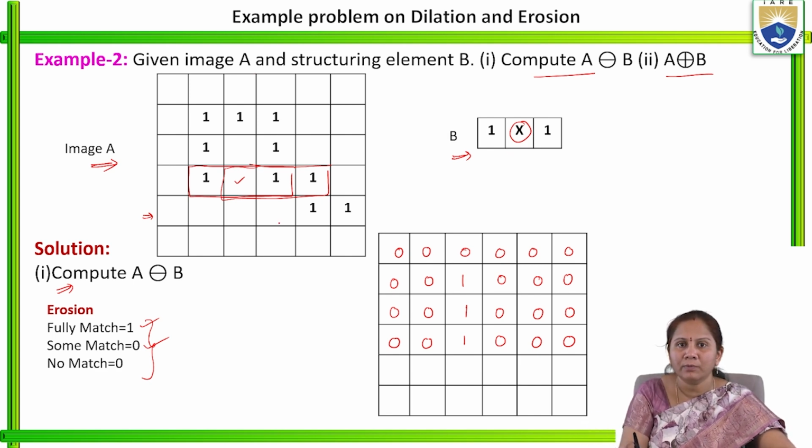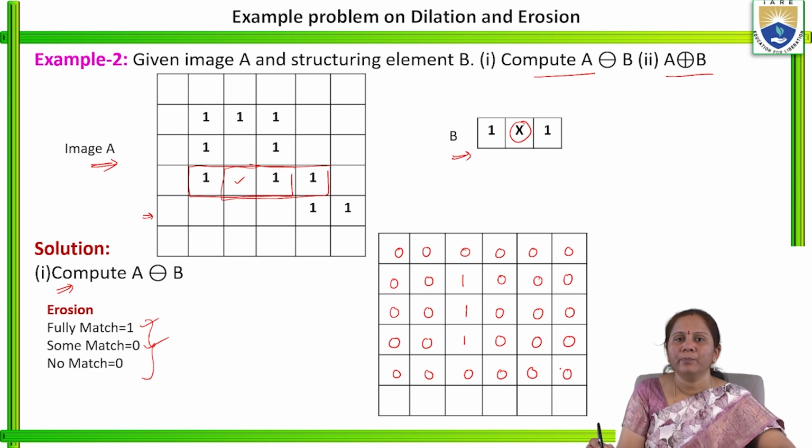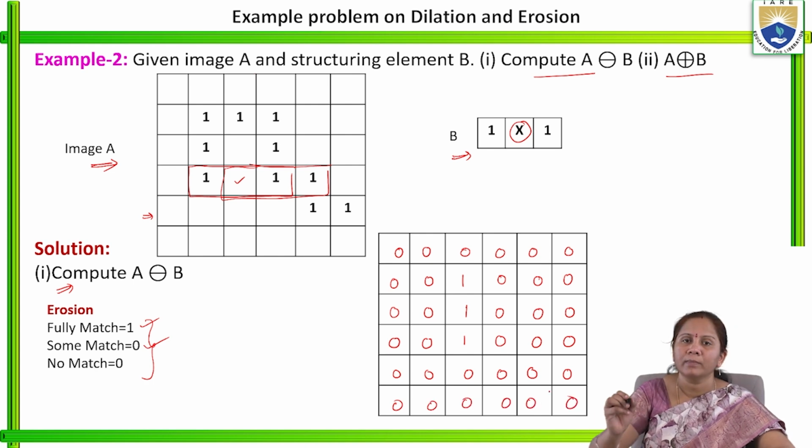So all the elements here will become 0. So even though 2 ones are here, if you place the structuring element to find these two elements, it will not have fully matched. So here also it will be 0. So anyway, the last row is completely vacant. It will not match with the element B. If you place this B on this A, all these elements will become 0.